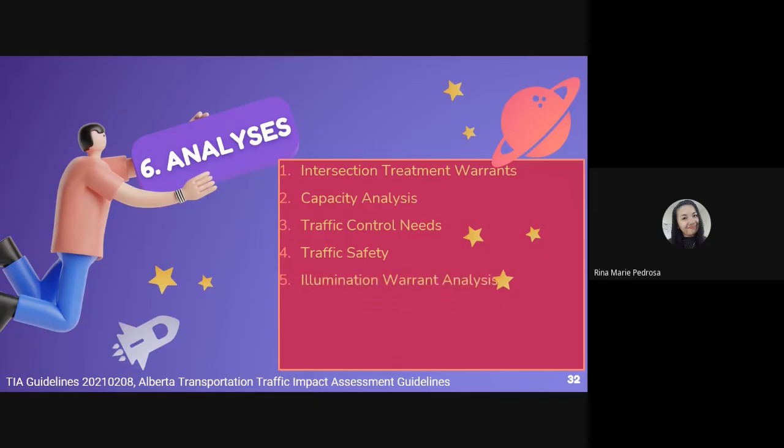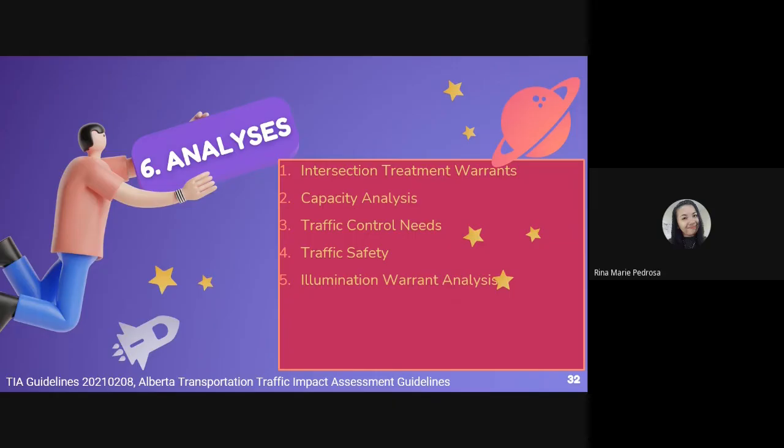Next would be the illumination warrant analysis. So here, lighting warrants for rural and semi-urban intersections must be determined based on the TAC guide for the illumination of isolated rural intersections and guide for the design of roadway lighting. So lighting warrants do not indicate an absolute requirement but rather a trigger for consideration.